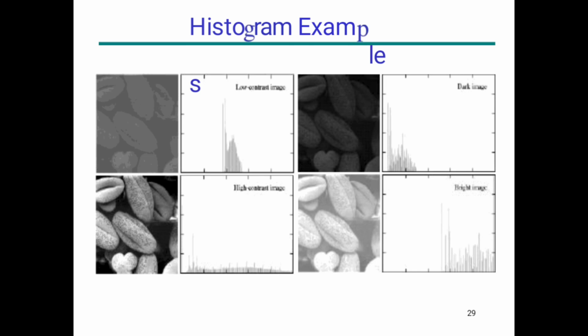For the bright image, the fourth one, the histogram is shifted to the right of this rectangular box. Last one is the high contrast image, where the histogram is spread evenly across the entire intensity range, as shown in the figure. So depending upon the histogram values, the contrast will be increased.